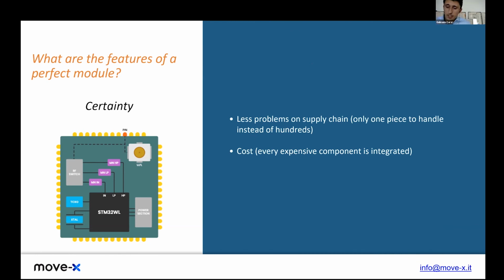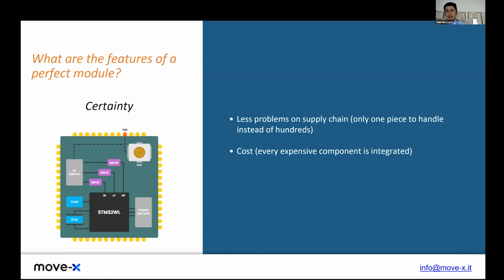Another thing that, especially in this period, is a very, very huge problem is the component supply chain. There are a lot of problems on the supply chain, so grabbing components is quite impossible in these times.